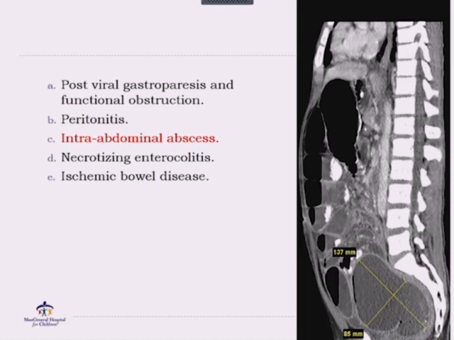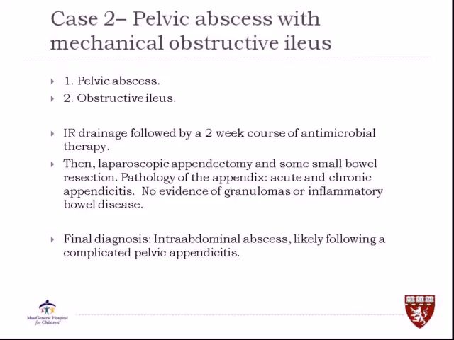He does not have necrotizing enterocolitis. Usually with necrotizing enterocolitis, you see swelling of the size of your intestines, and we did not see that. And this kid has no reason to have ischemic bowel disease, and this is definitely not compatible with ischemic bowel disease, the picture that I'm seeing and I'm showing you.